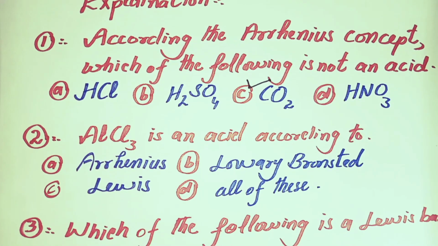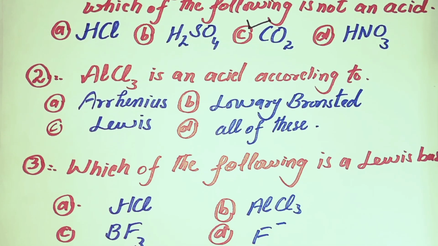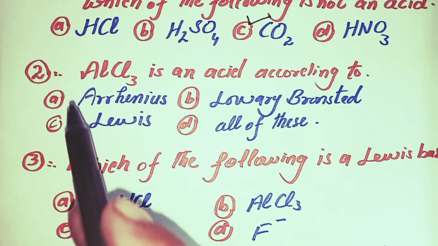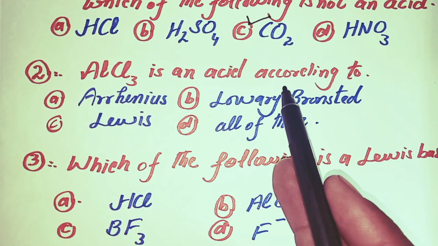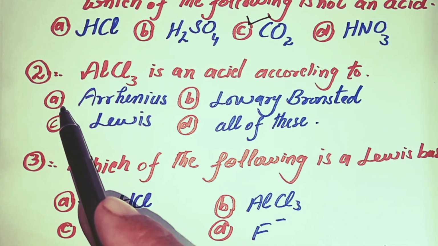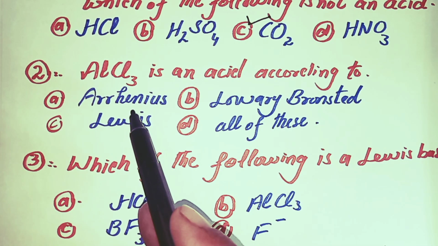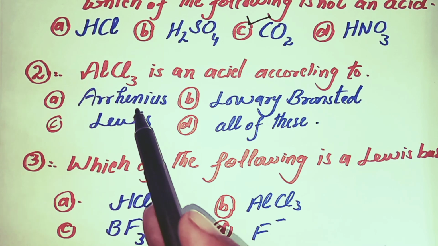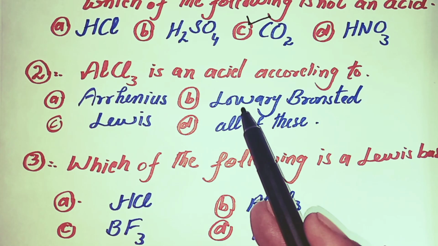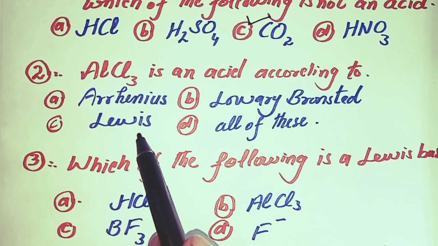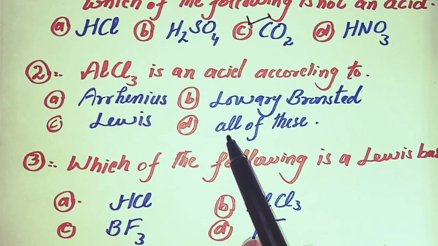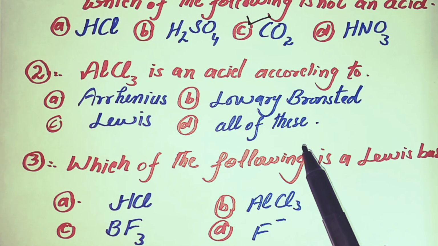Next, number 2, aluminum trichloride is an acid according to option A Arrhenius concept, option B Lowry-Bronsted concept, option C Lewis concept and option D all of these.